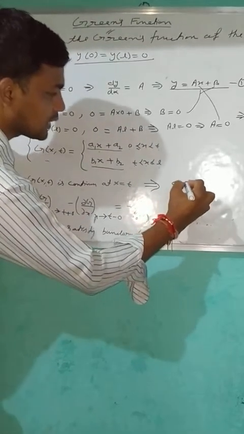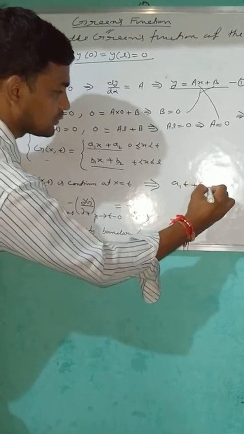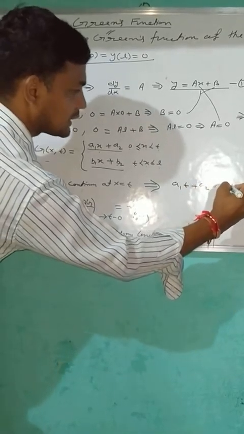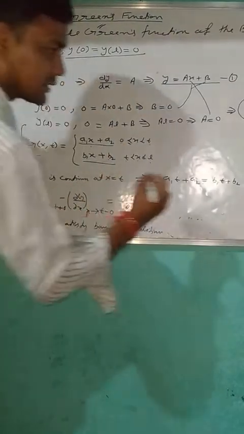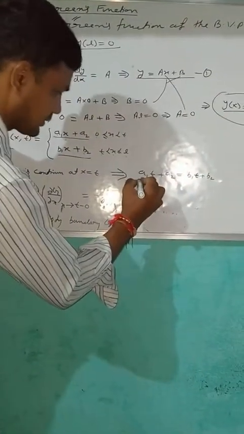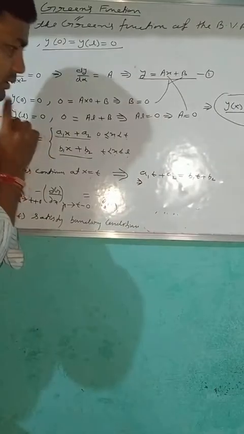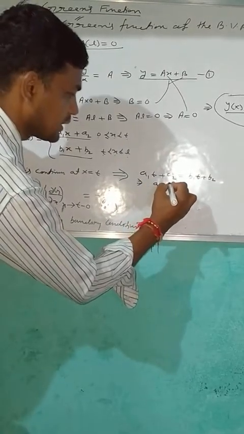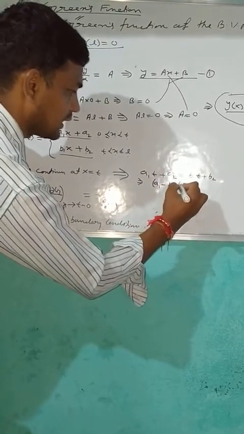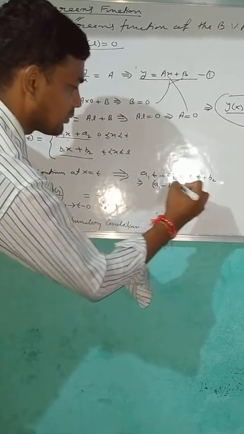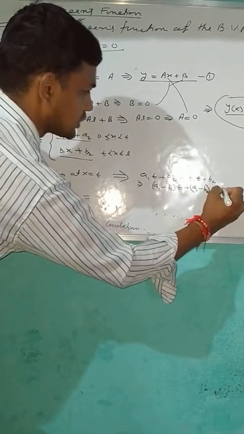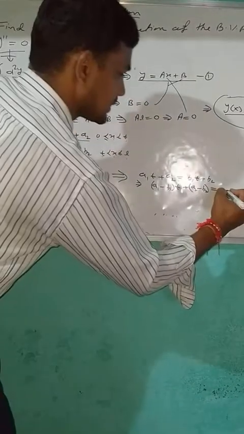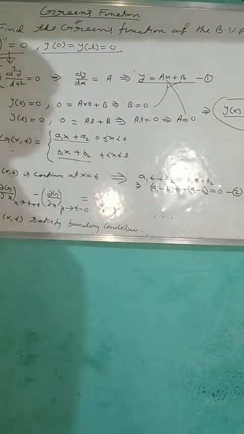Then a1t + a2 = b1t + b2, and we can write (a1 - b1)t + (a2 - b2) = 0. Suppose this is equation number 2.